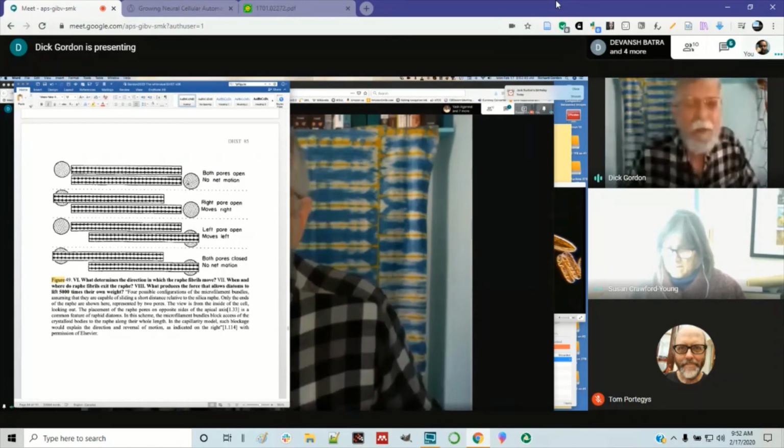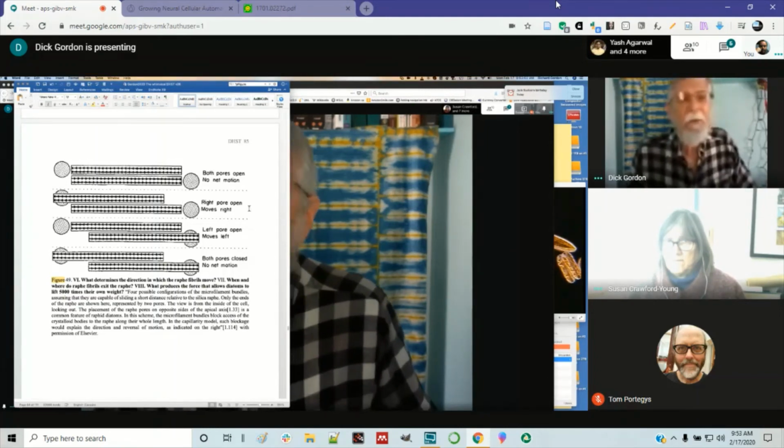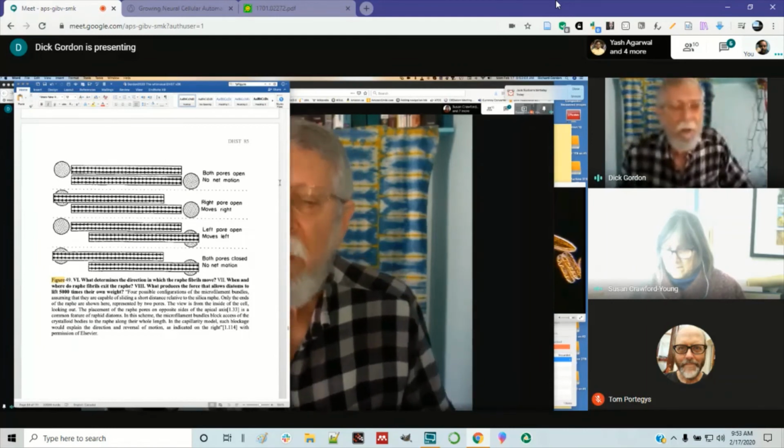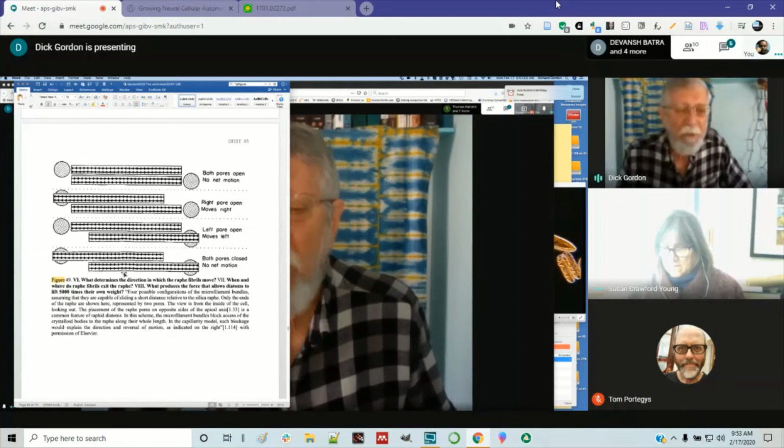If one end is blocked, here the right pore is open, so only at the ends can you get in, and then the diatom moves. The stuff moves this way, it's attached to the surface, and the diatom goes the other way. So this is a proposal that these things act as switches. Now nobody's ever tested this idea.